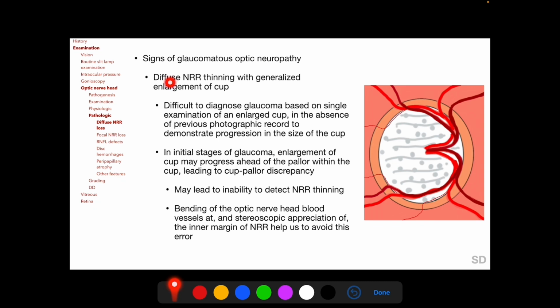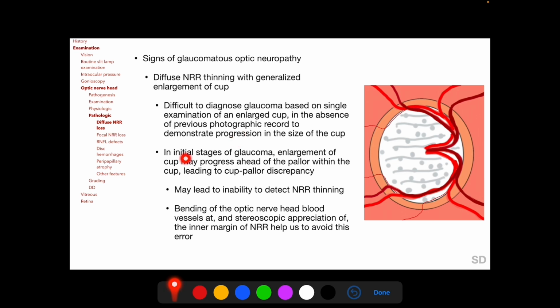Diffuse neuroretinal rim thinning with generalized enlargement of the cup is a common feature of a glaucomatous optic nerve, but it is often difficult to diagnose glaucoma based on a single examination detecting this sign in the absence of a previous photographic record to demonstrate enlargement in the size of the cup.